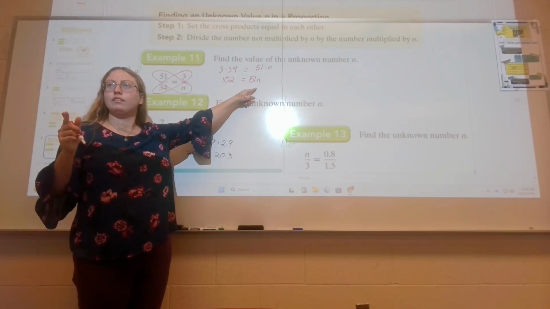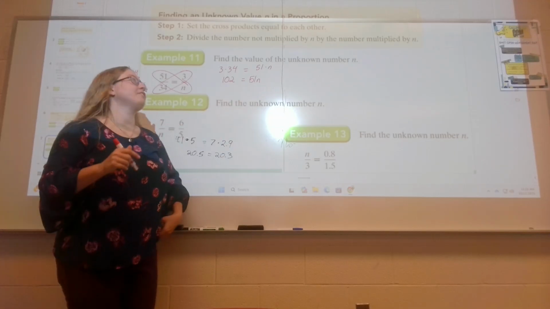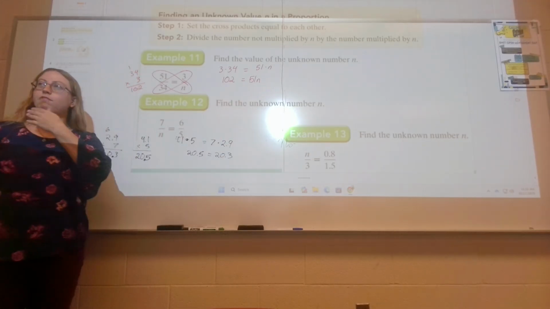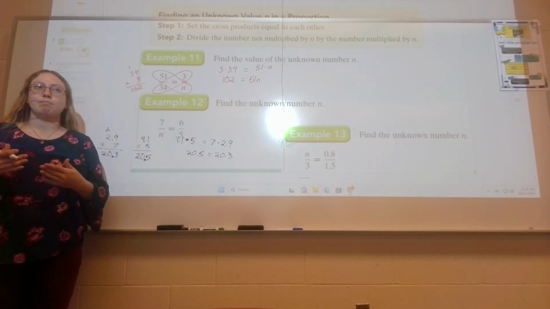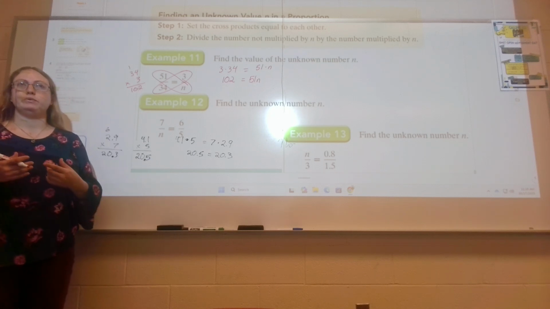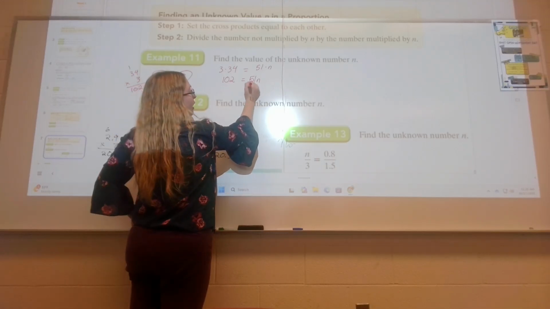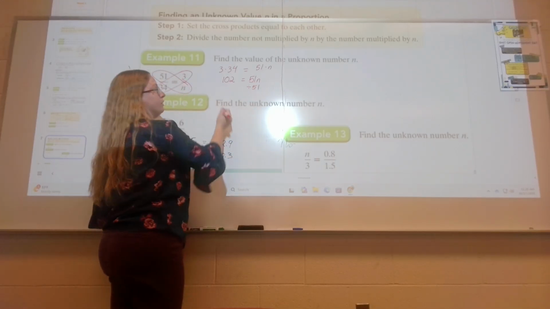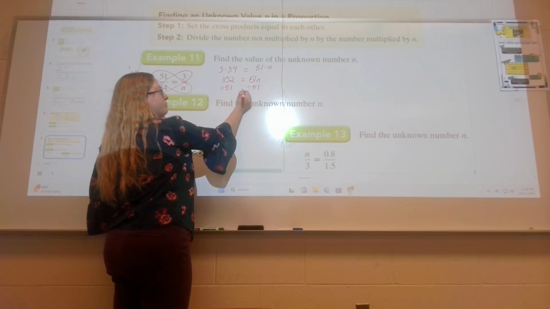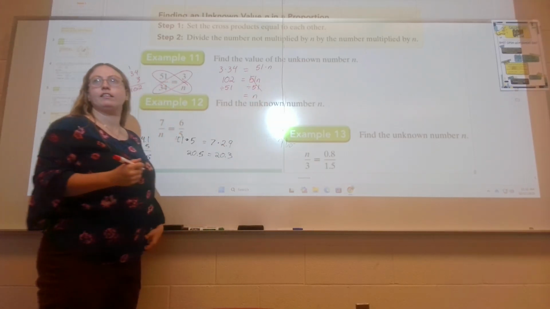So we want to move the 51 away from the n, which gets the n by itself, but you have to use the opposite operation in order to undo it. So in order to cancel out multiplication by 51, I'm going to divide by 51. That will cancel out the 51s and leave just the n.